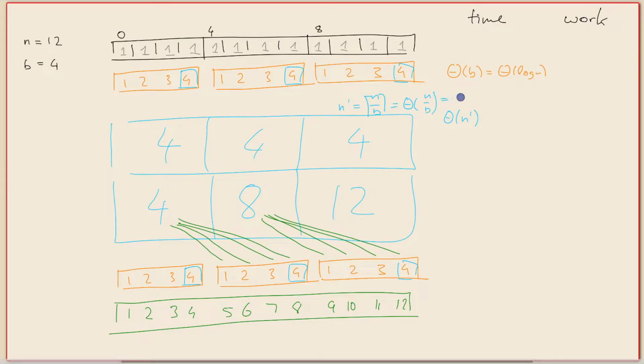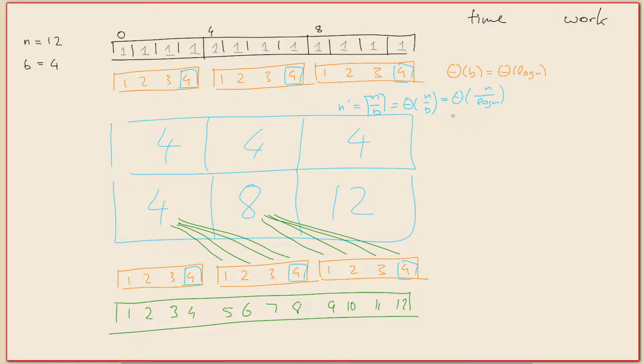And that, again, is n divided by log n. So we can say this is still, should I do the computation? If you take, sorry, this is a log n prime.